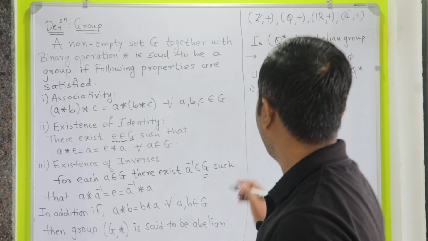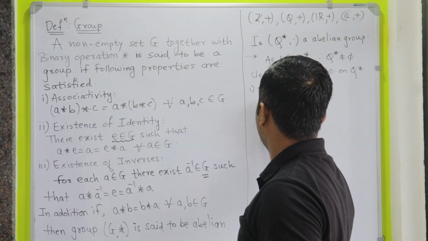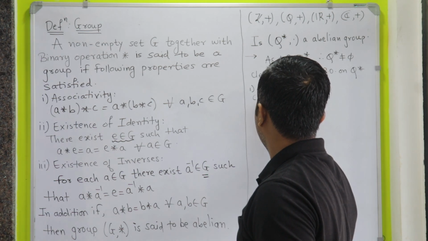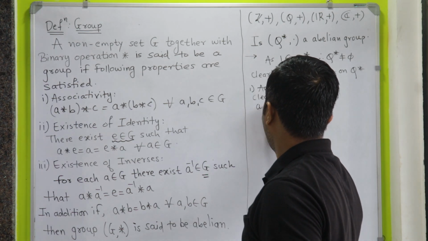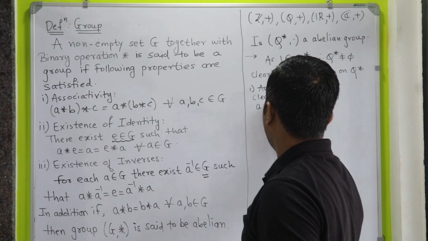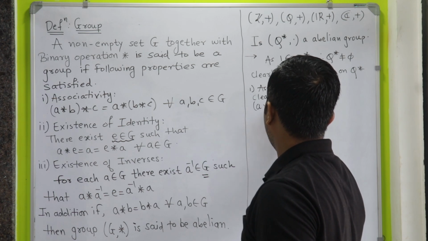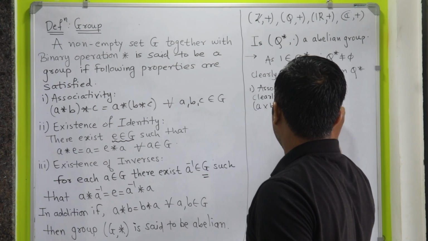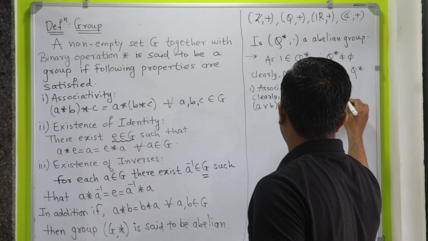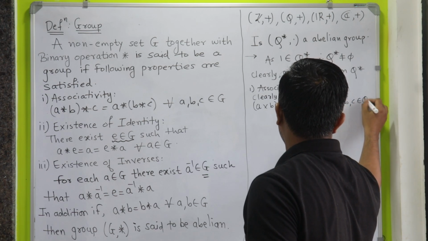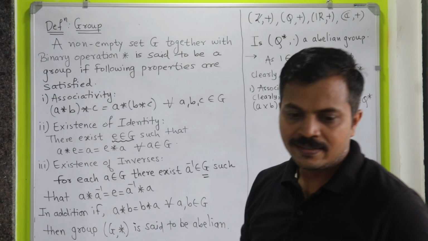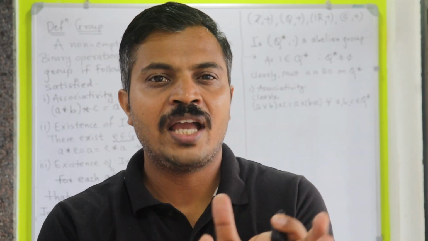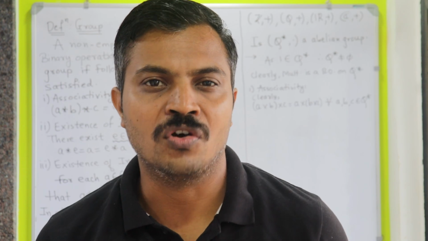So directly I will write, clearly, (A × B) × C is actually equal to A × (B × C) for all A, B, C belongs to Q star. I insist you take three rational numbers and verify the property yourself.